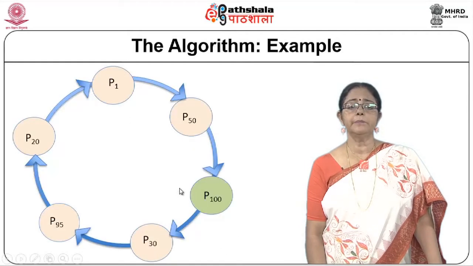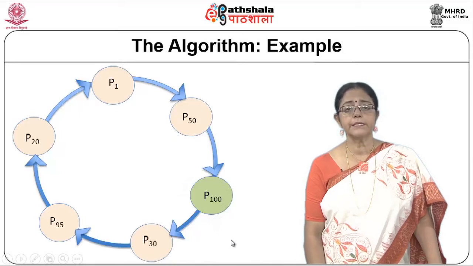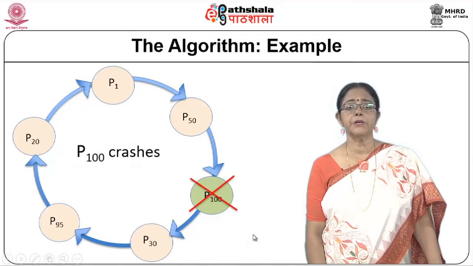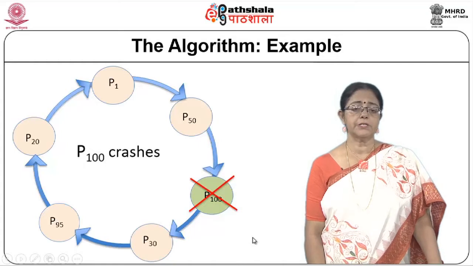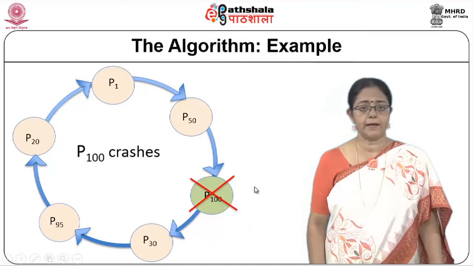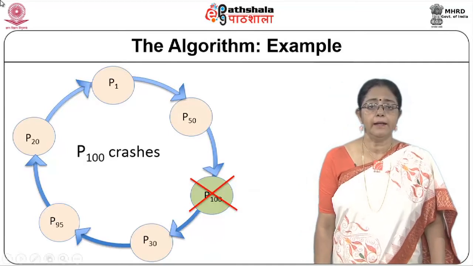In this example we have P100, which is the current leader, and for some reason if P100 fails, if it crashes, then until somebody detects the crash of P100, the system goes without a leader.